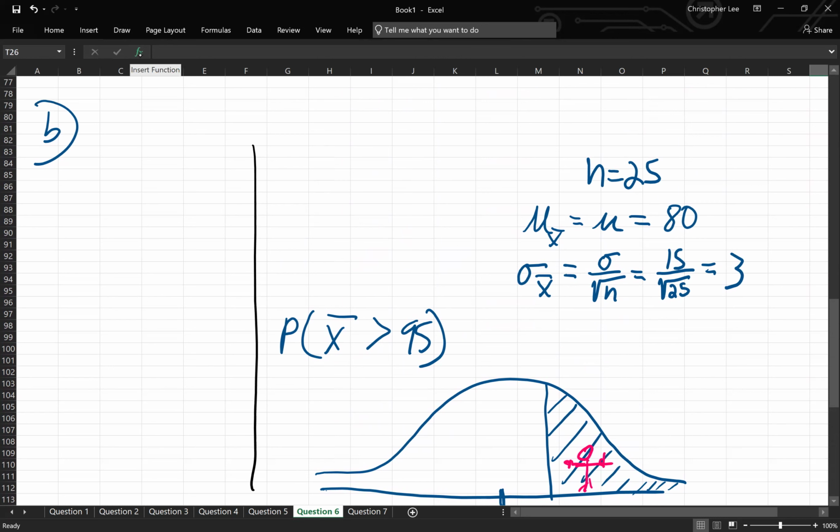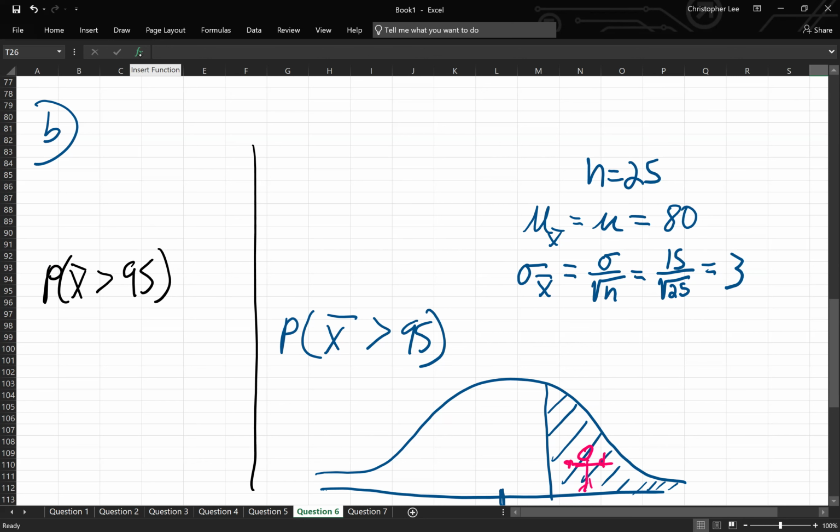For those of you without the calculator, let's say that we're going to answer the same question. They want to know what's the probability of X bar greater than 95. So what am I going to do? I can't look up an X bar distribution. I have to change it into a Z, but I have to use the other Z formula.